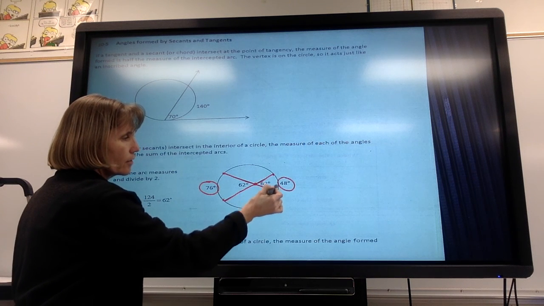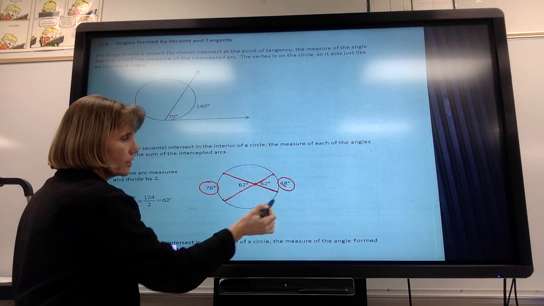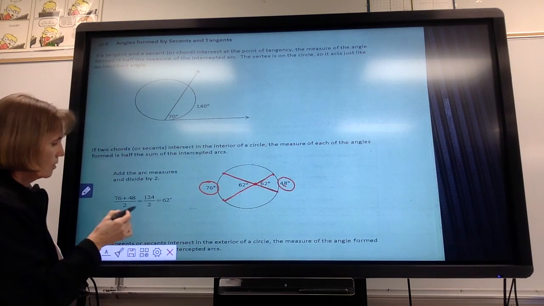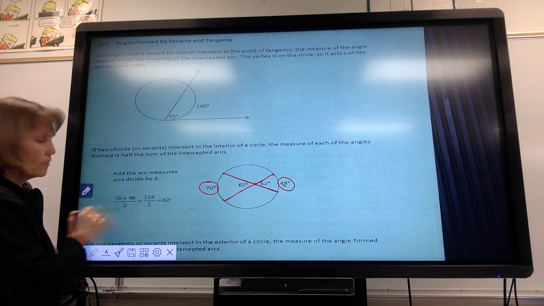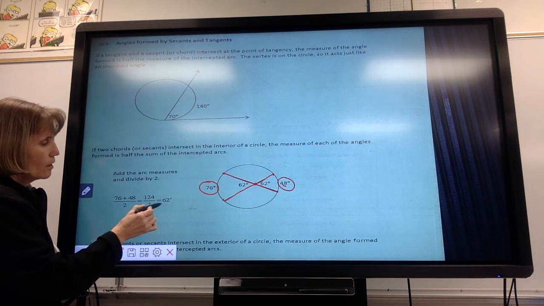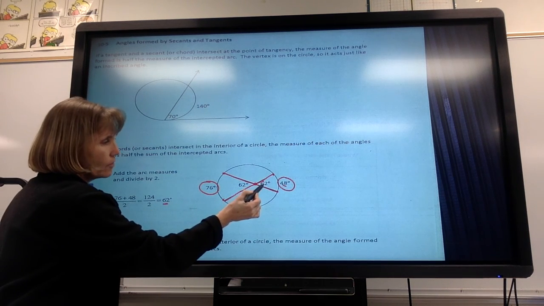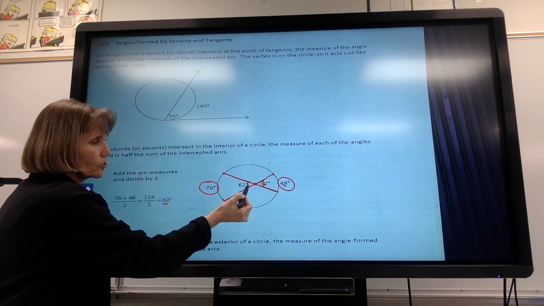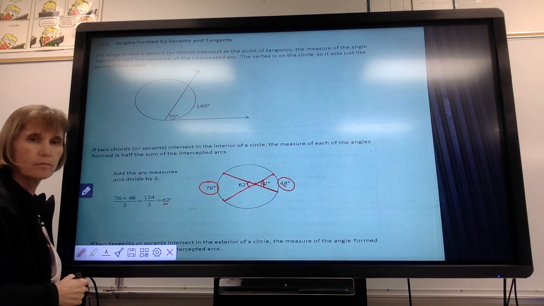Okay, so the arc out here on this intersection is 48 degrees, and the arc over here is 76. We're going to average those. Okay, so if I add them together and divide by 2, I'm going to get the measure of this angle. And if this angle is 62, then these are vertical to each other. They're both going to be 62.